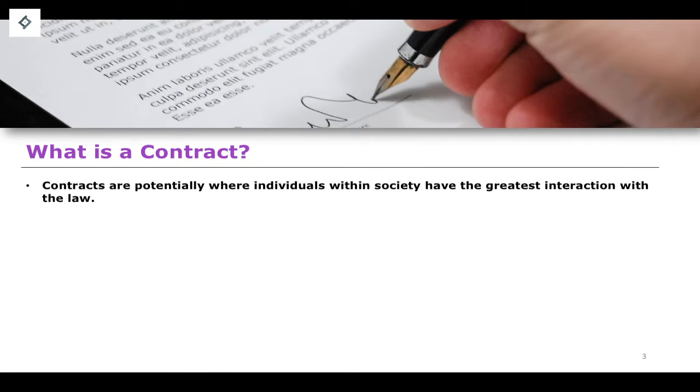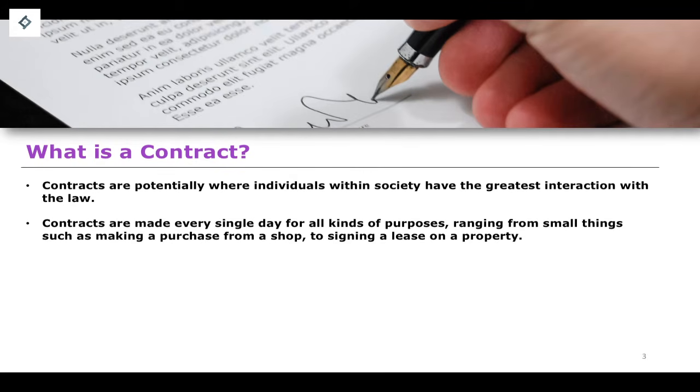One of the things that's quite interesting is that, despite the fact that you might not know what a contract is at the moment, contracts are potentially where individuals within society have the greatest interaction with law. Tens of thousands of contracts are made every single day for all kinds of purposes.